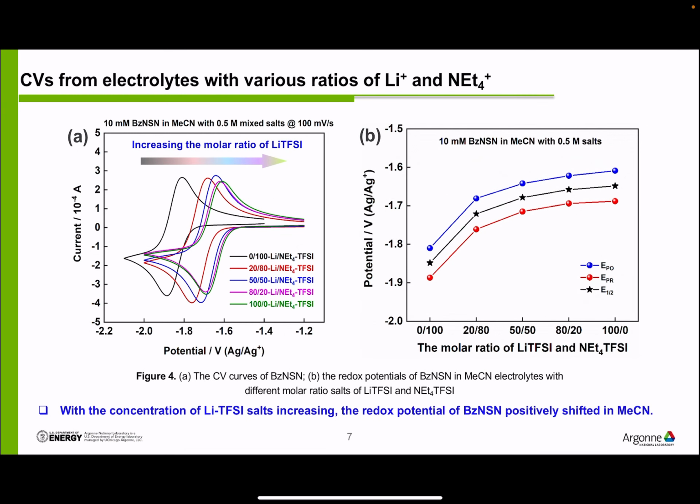So then we decided to do another test by keeping the total concentration constant, but varying the molar ratio of the lithium and ammonium cations. And then we measured the cyclic voltammetry again. From here, you can see as you increase the molar ratio of the lithium, you are actually increasing the potentials too.